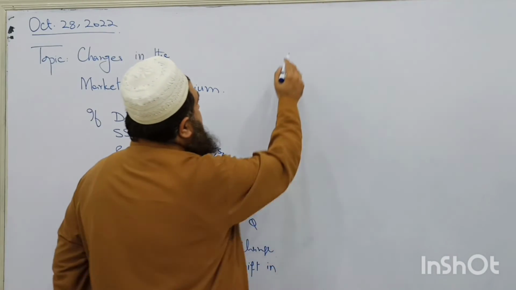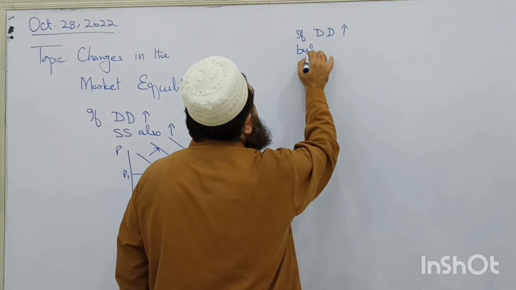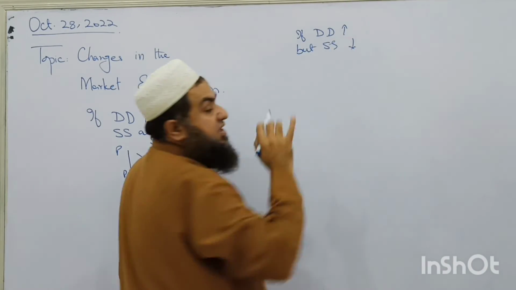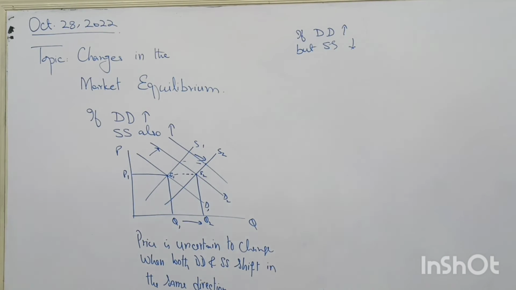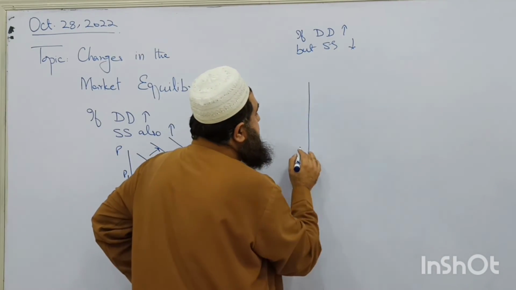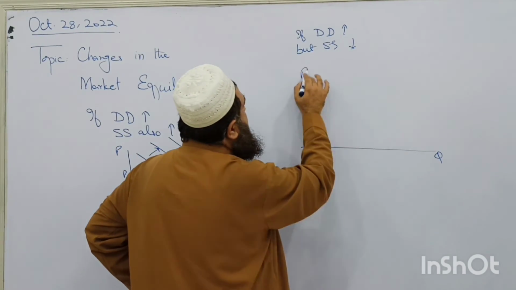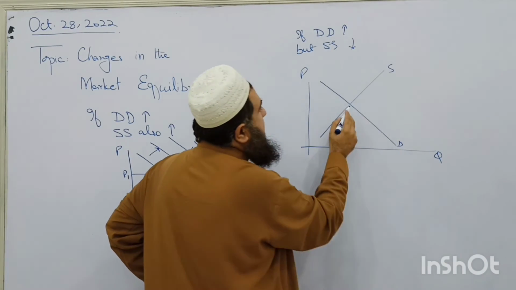Now, if demand increases but supply decreases, they shift in opposite directions. What happens now? This is the demand and supply.